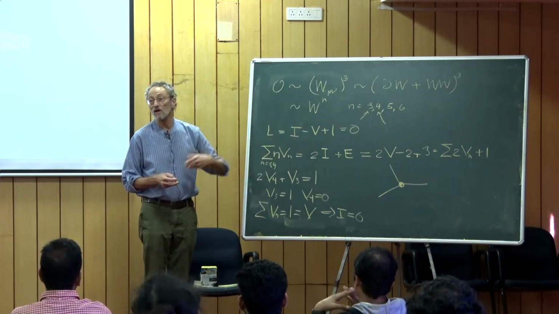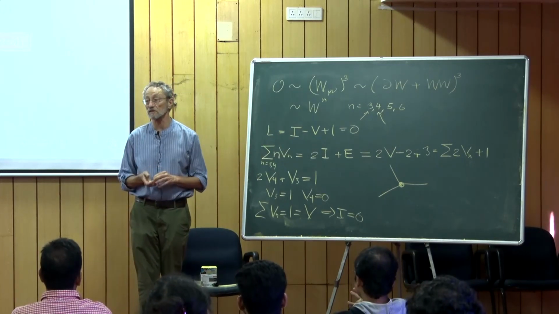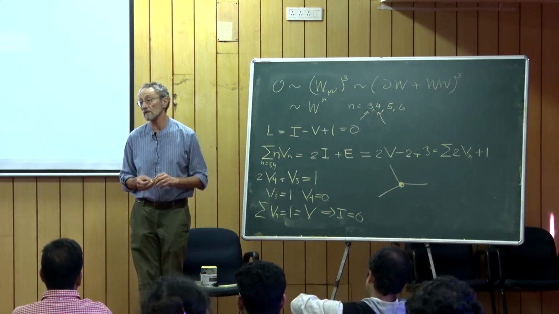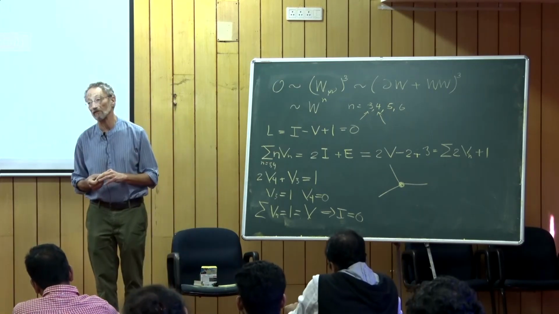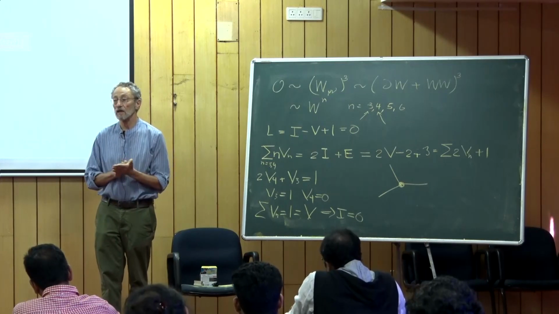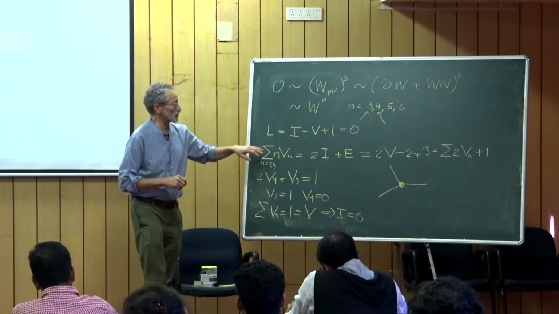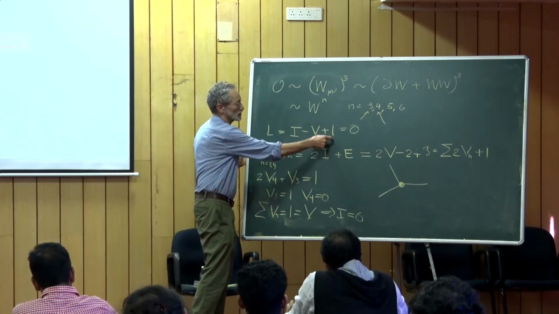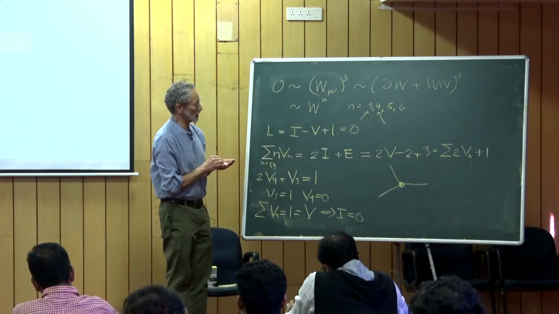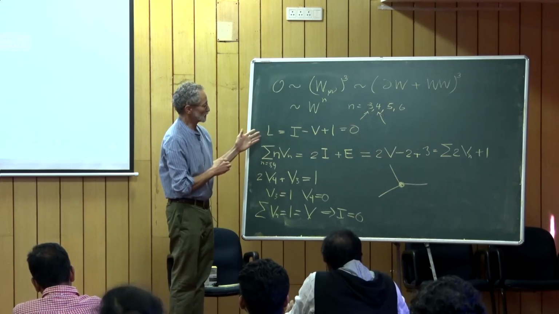This first line follows by just analyzing how the delta functions work in a Feynman graph. Each vertex has its own delta function, and you eliminate all of them. There's one delta function left over for overall energy momentum conservation.